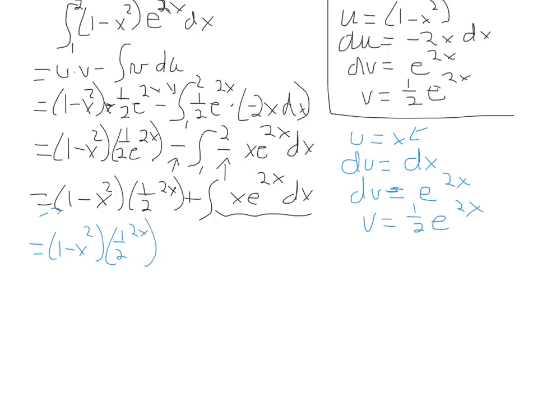Now what I have to do is plus uv again, because when I integrate this one by parts, it's like doing a separate question. So doing this one again is going to be the uv minus the integral of v du. So u is just x, and v is 1/2 e to the 2x, minus the integral from 1 to 2.